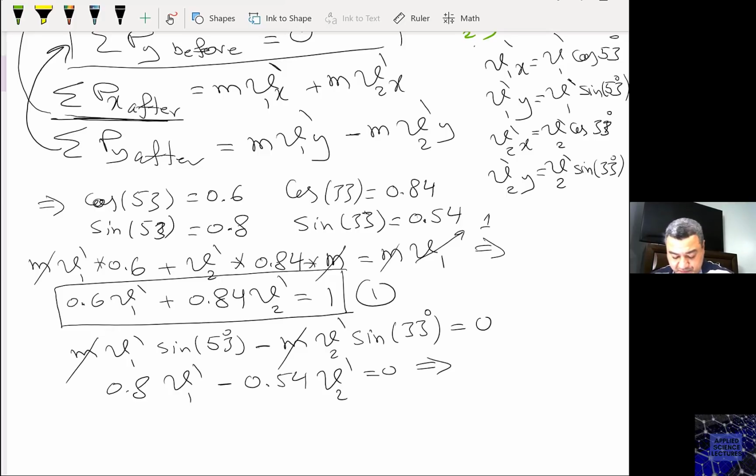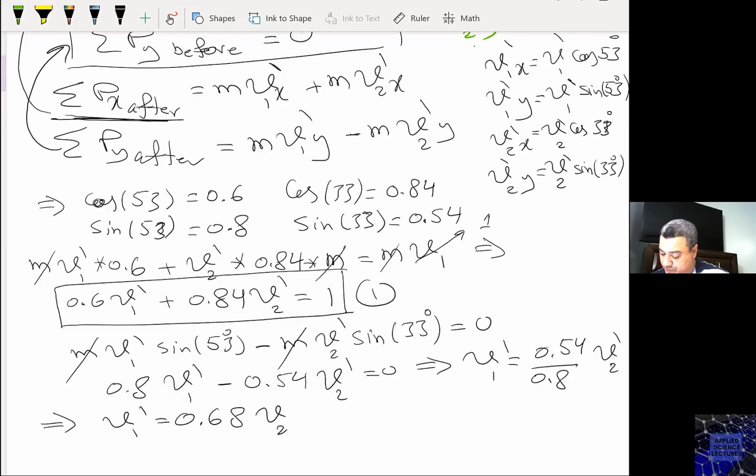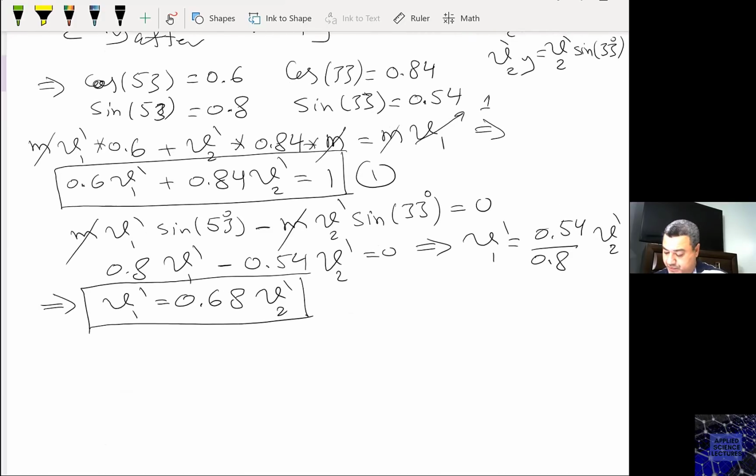This gives v1 prime equals 0.54 divided by 0.8 v2 prime. This gives v1 prime equals 0.68 v2 prime. Let me call this one 2.